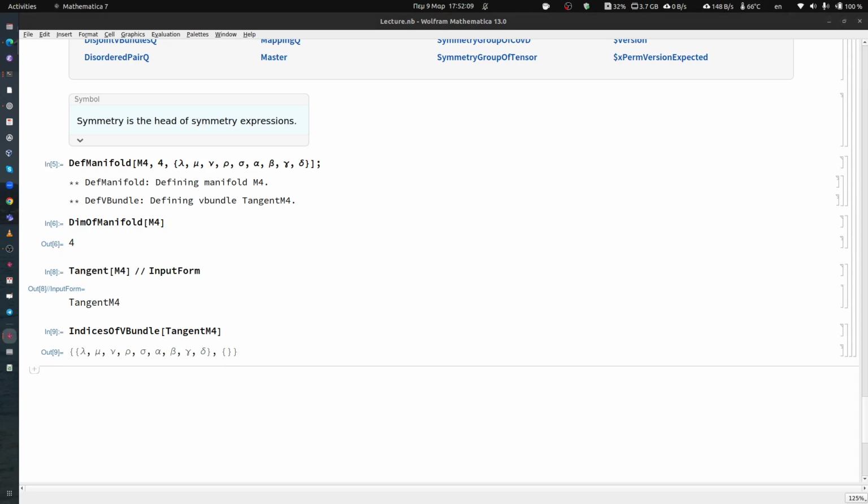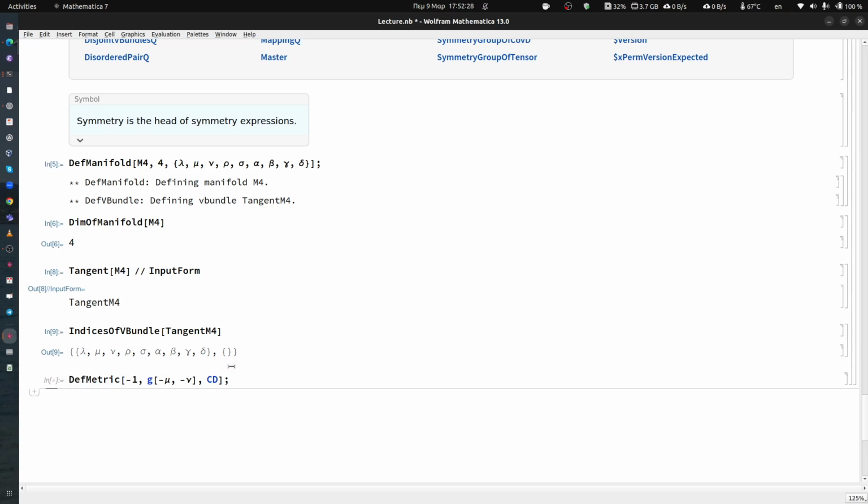Now today we are going to perform calculations in the presence of a metric. So if we want to have a metric in our calculations, we have to use DefMetric to define it.